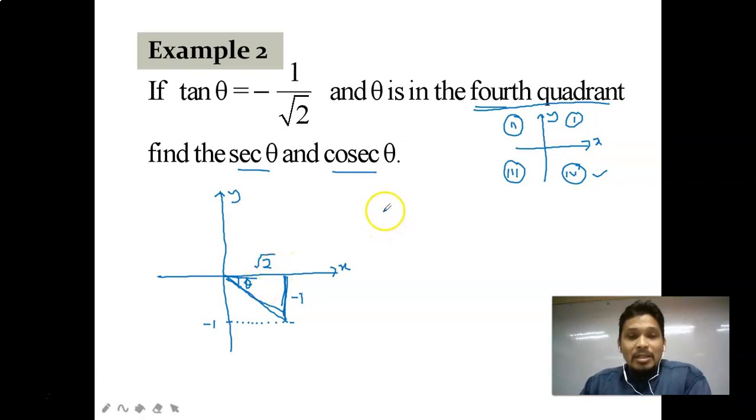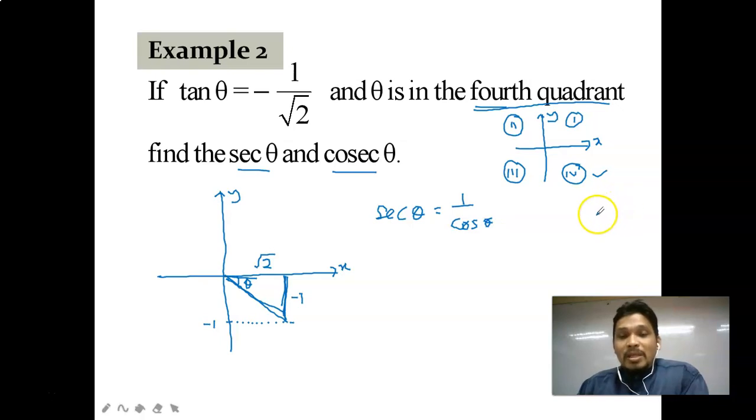Okay, so secant theta equals 1 over cos theta. So here we need to find the value of cos theta. So cos equals adjacent, square root of 2, divided by hypotenuse.